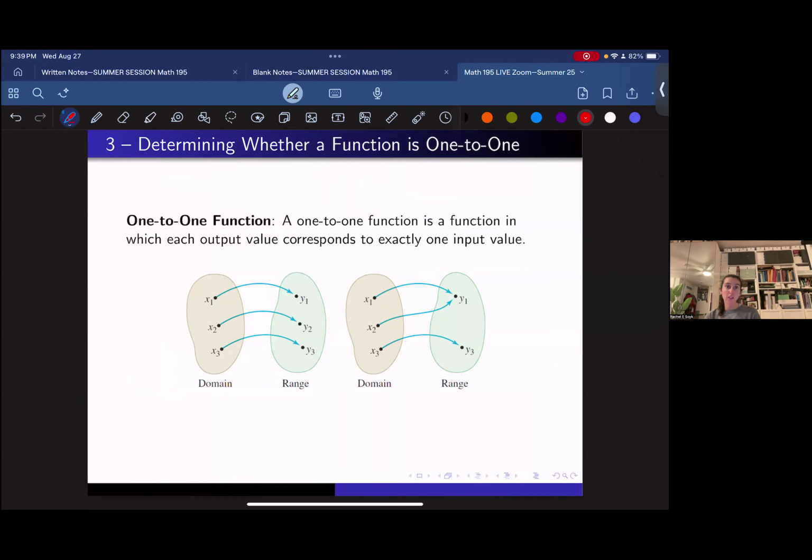Third objective, whether a function is one-to-one. One-to-one, remember, this is our special type of function. AKA, we need it to pass both the vertical and horizontal line test.